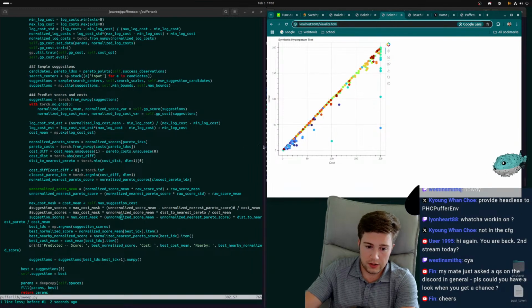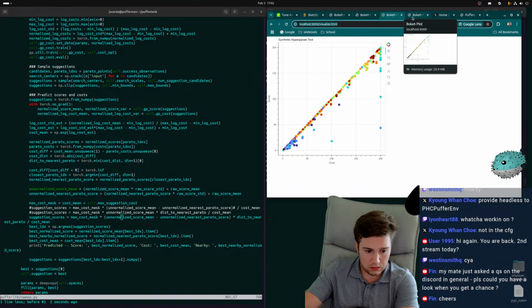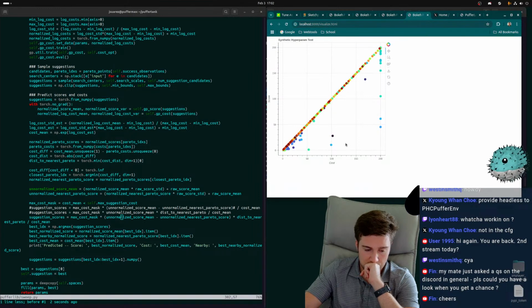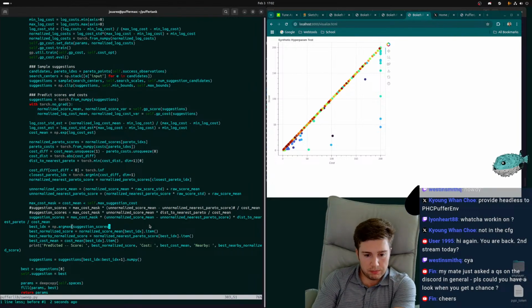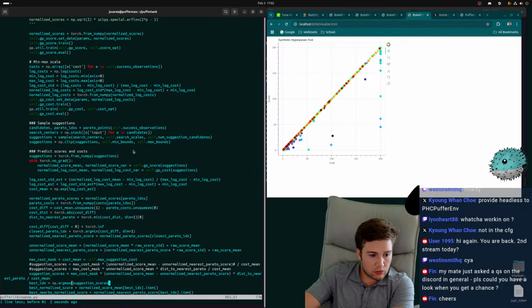This one is divided by cost. Let me think about why this is. So unnormalized mean. Unnormalized nearest Pareto score. Is this what we got?